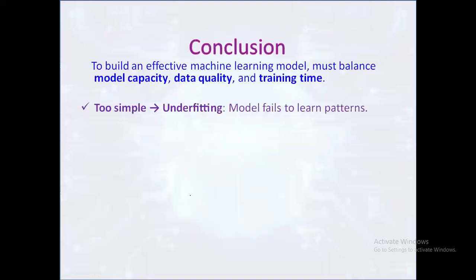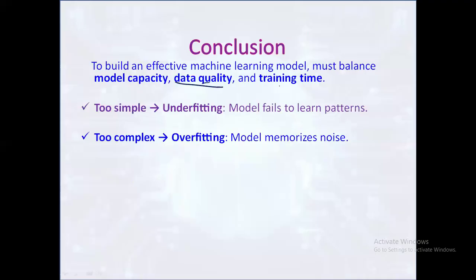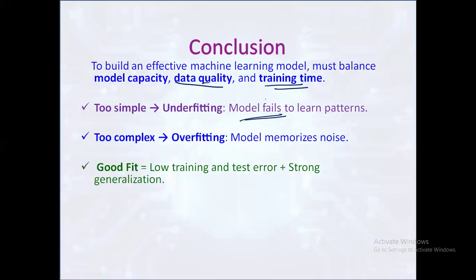Coming to the conclusion, a successful machine learning model requires a careful balance between model capacity, data quality, and training time, that is, training duration. If the model is too simple, what will happen? It may underfit the data, failing to learn meaningful patterns. On the other hand, an overly complex model can overfit, memorizing noise, and performing poorly on new data.